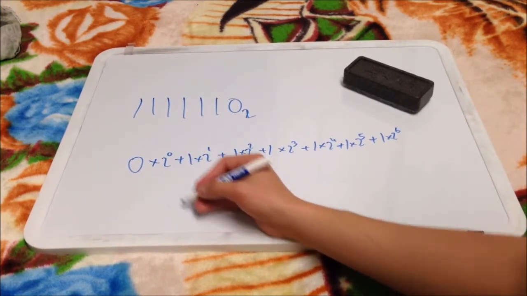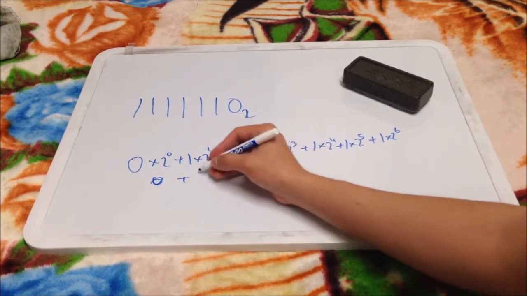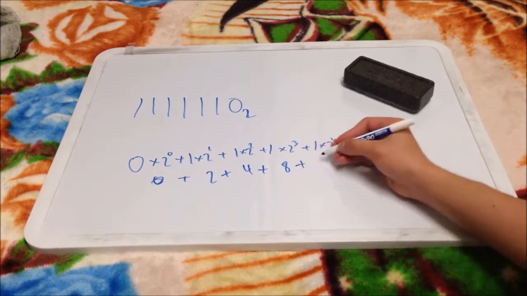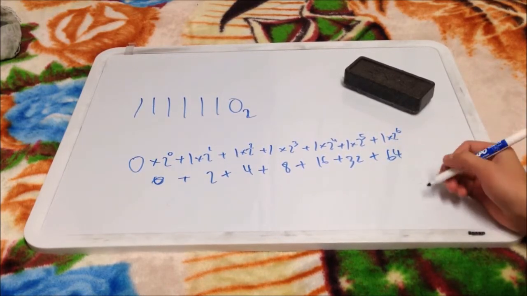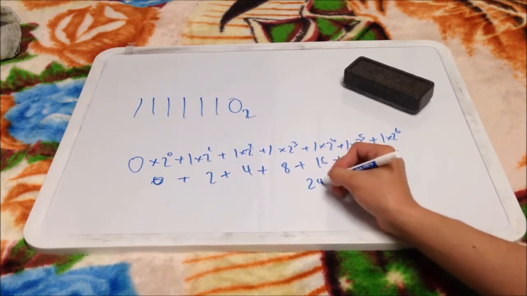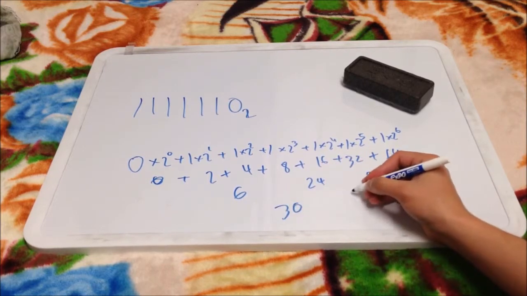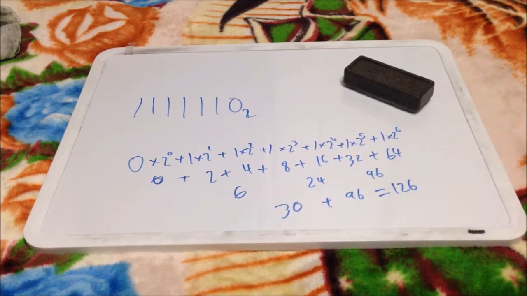So this one's 0. This would be equal to 2 plus 4 plus 8 plus 16 plus 32 plus 64. So this would give us 96, this would give us 24, this would give us 6, and 30, and 30 plus 96 is equivalent to 126. So that proves that this method works.